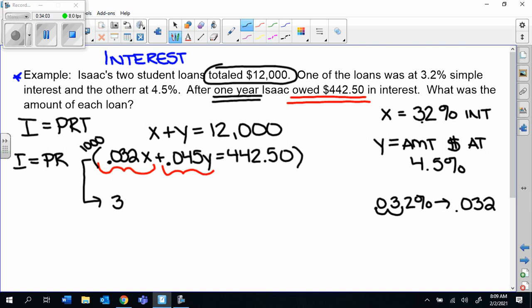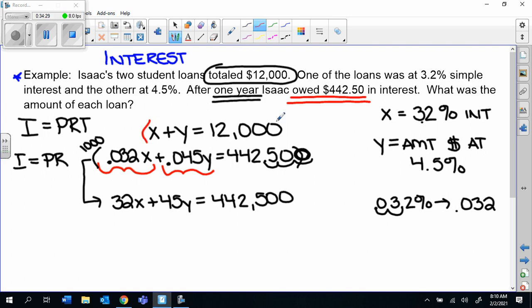So I have 32x plus 45y. Multiplying this back number through by 1,000, it's going to move that decimal once, twice, 3 times. I'm going to have an extra 0 right there. So equals 442,500. I know it's a big number. We're just going to deal with it. It's going to drop out soon.